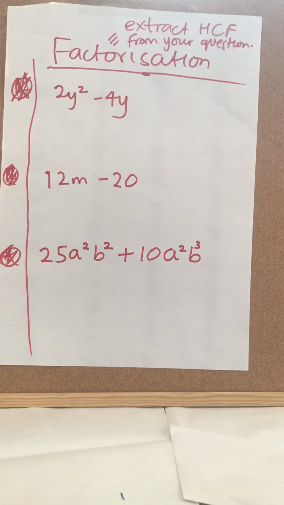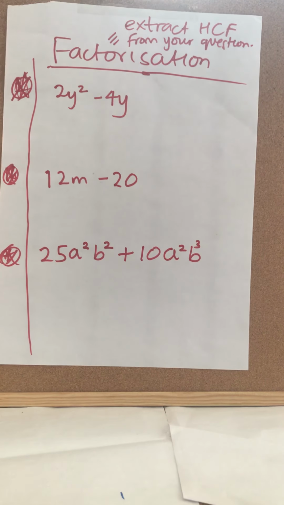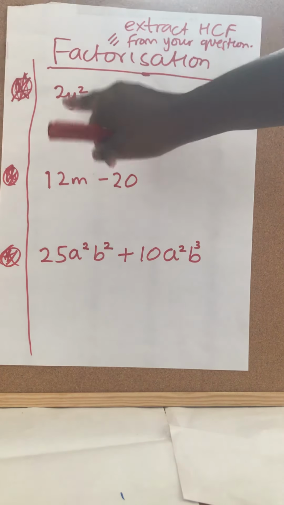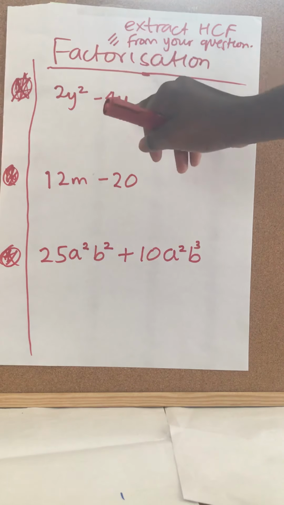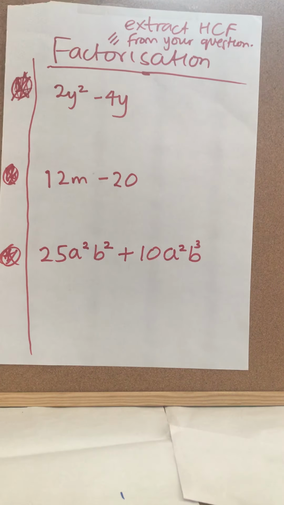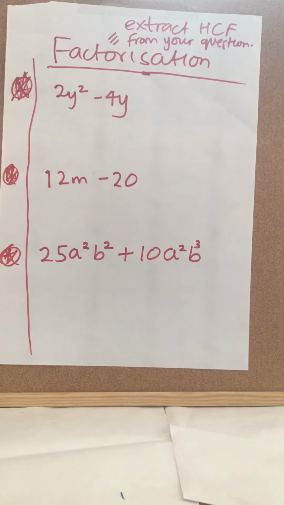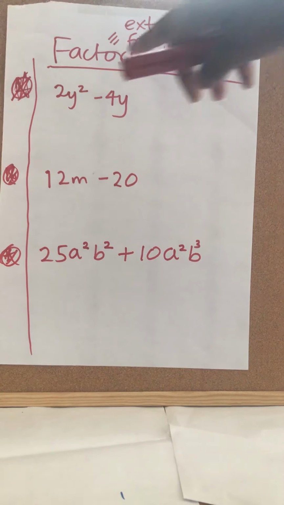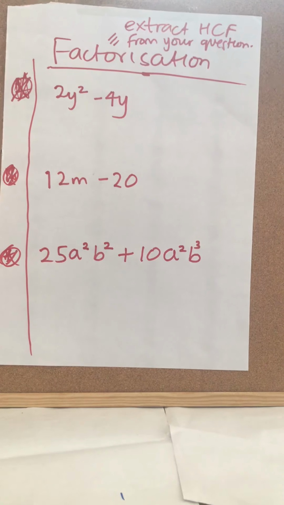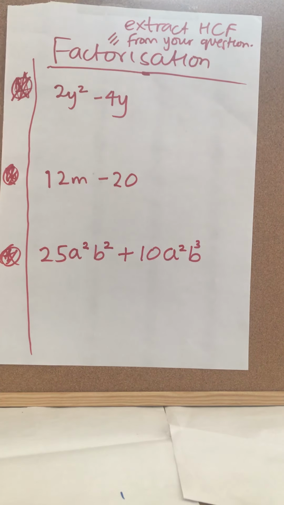So 2 is common. Y squared is y times y, and this is y. So that means 2y is common to this and this, and it says extract, so I'm going to take it out.